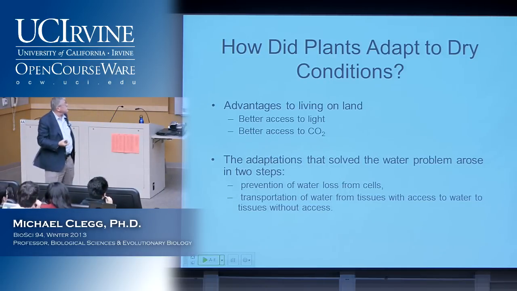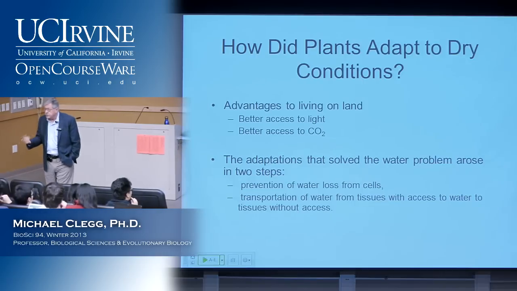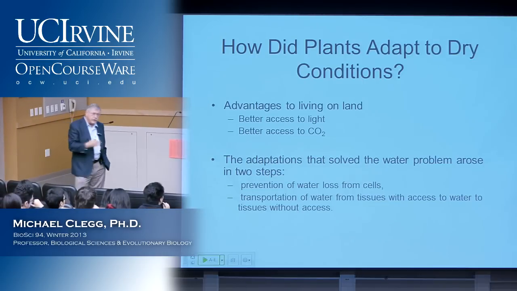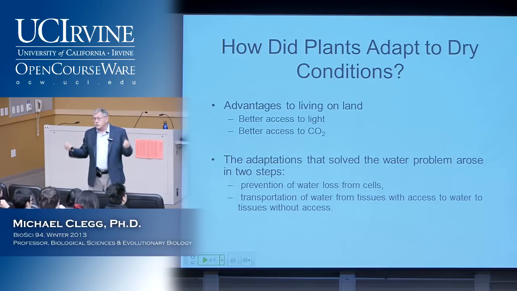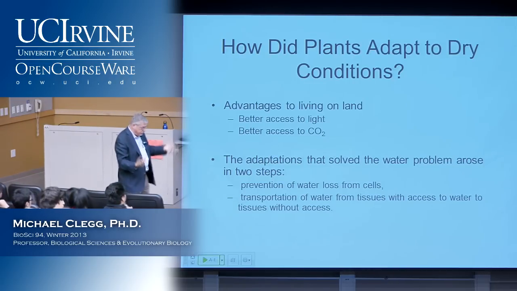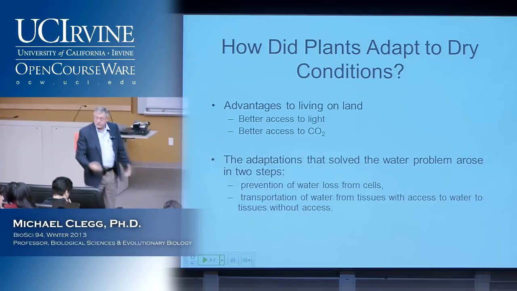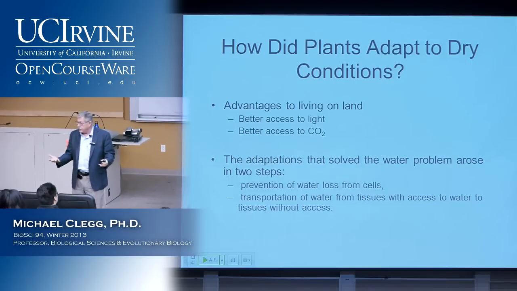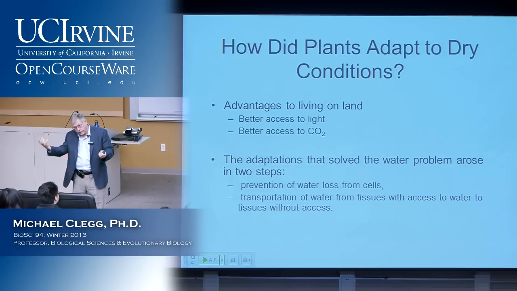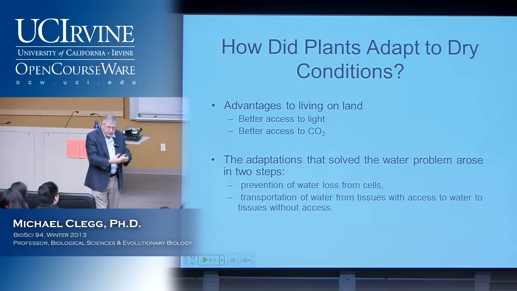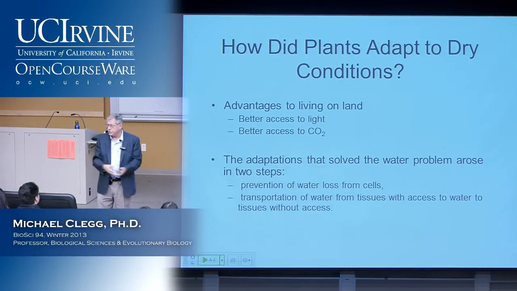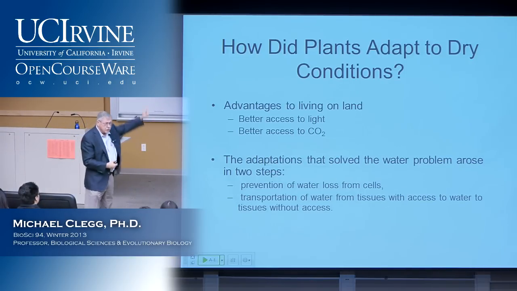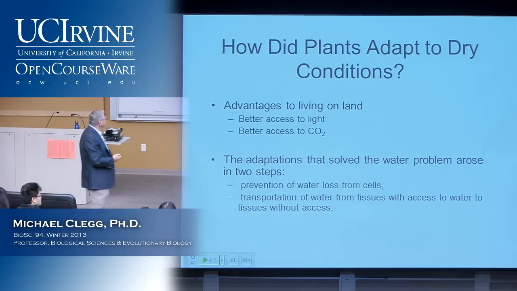And the second is that there's better access to carbon dioxide in the air. More of it, and the rate of diffusion is better. So you need carbon dioxide to build those energy-rich molecules, things like glucose and cellulose and so forth. So it's nice to get where you've got more carbon dioxide. So you've got two things. You've got more energy, and you're able to get the essential inorganic resource, carbon dioxide, to build the molecules you need more effectively. So it makes them much more efficient.